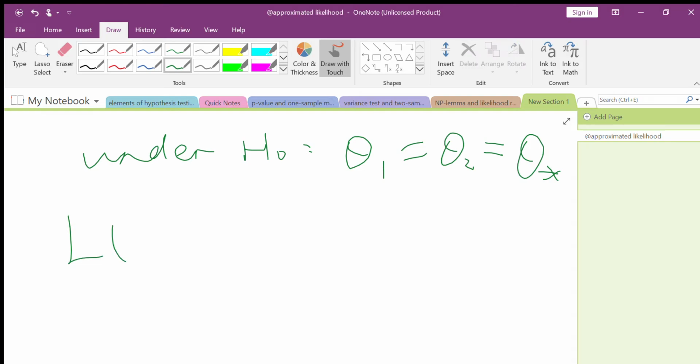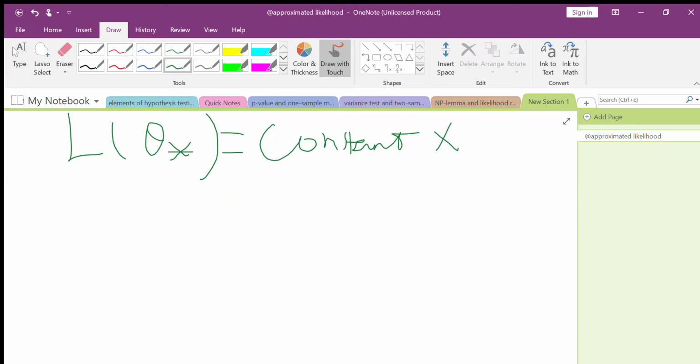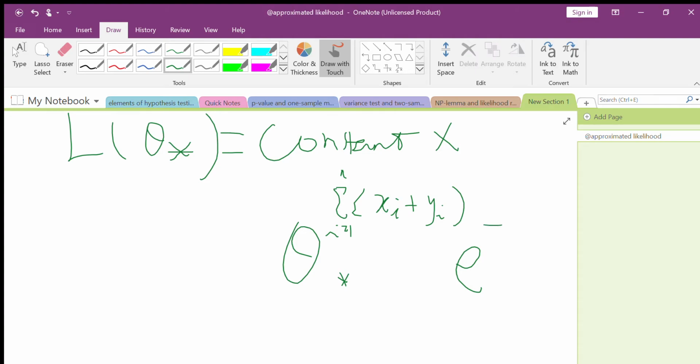The likelihood function L of theta star, you can check, is a constant times theta star raised to the power summation i from 1 to n of xi plus yi, times exponential raised to the power negative 2n theta star.